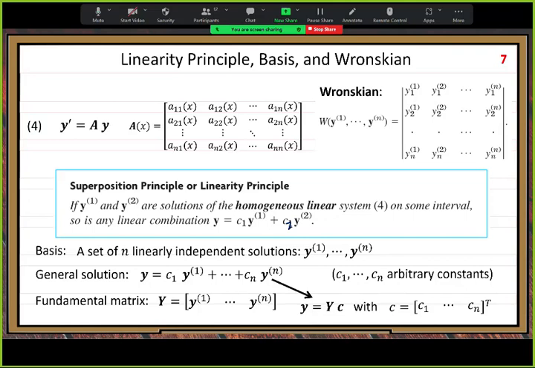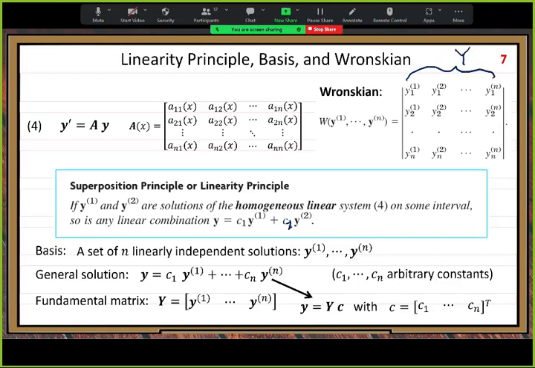The y super 1 vector is the first column, the y super 2 vector is the second column. So each column uses one of the vector solutions in the basis. The whole matrix inside the determinant is just the fundamental matrix, capital Y.